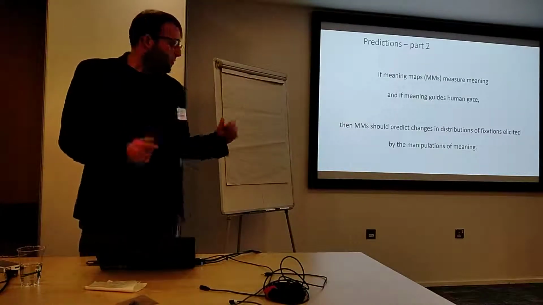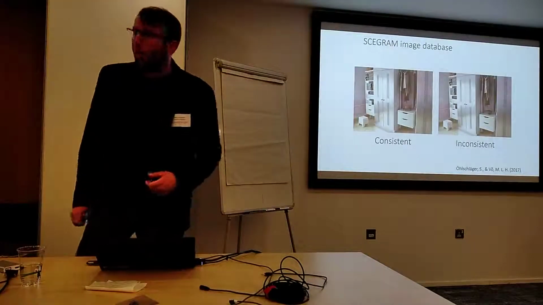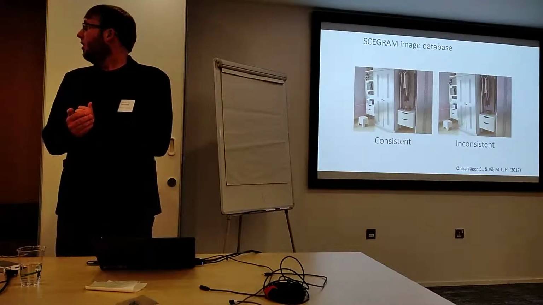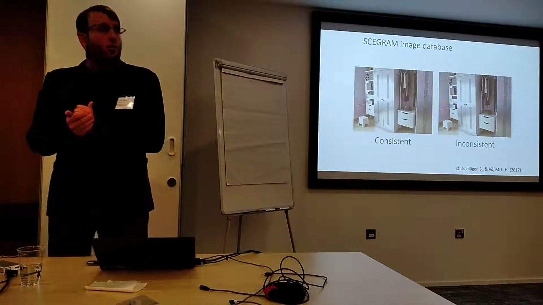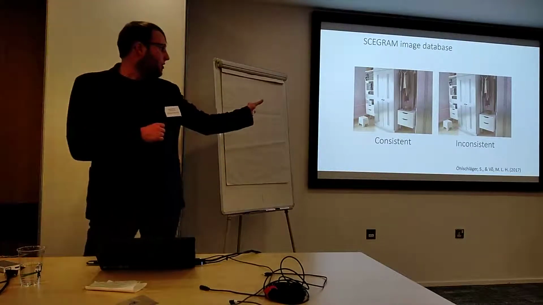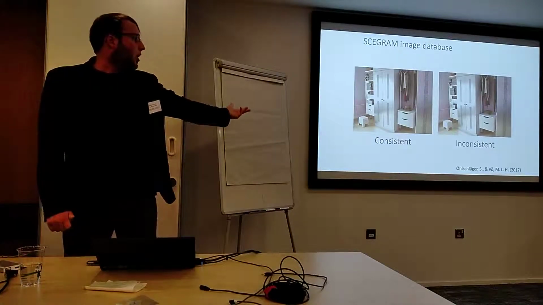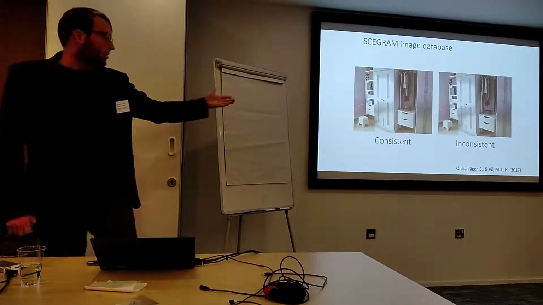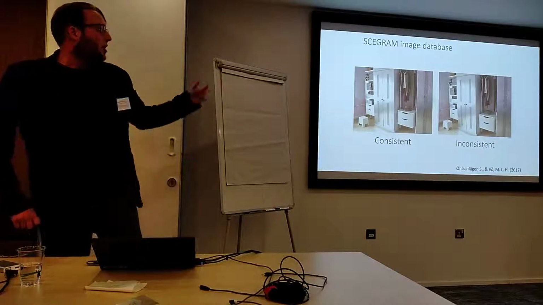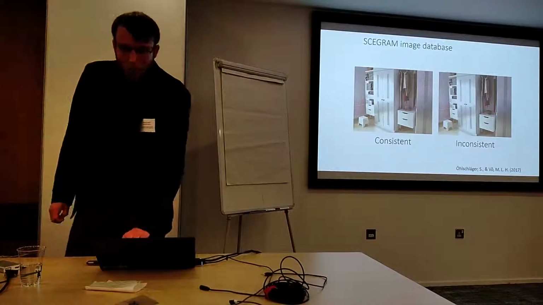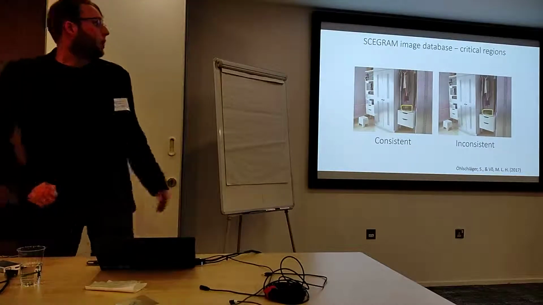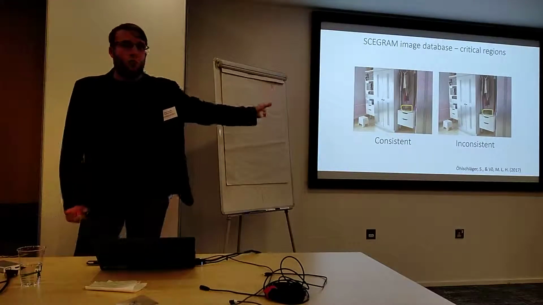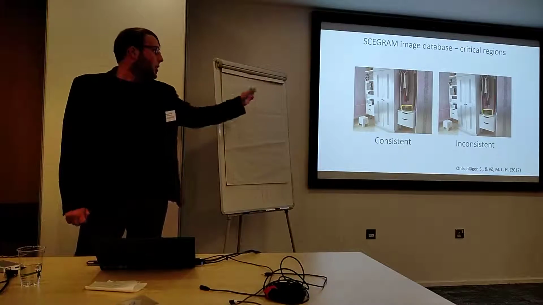So how do we do that? We use the openly available Siegel image database. It's a set of images which come in pairs, and in each pair one image is in the so-called consistent condition and one is the inconsistent one. If you haven't spotted the difference yet, let me highlight it. Just one item within the scene is swapped for another.